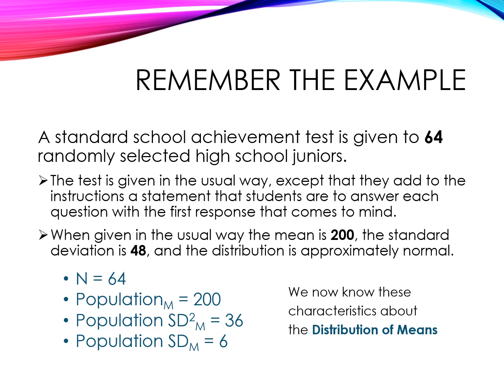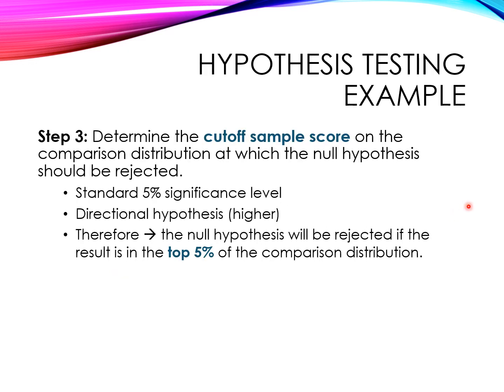We're going to move on to step 3. Step 3, determine the cutoff sample score on the comparison distribution at which the null hypothesis should be rejected. So we're going to use the standard 5% significance level. This is a directional hypothesis, so we're going to be looking at the top 5% of the comparison distribution, okay? If we have a curve like this, we're going to be looking in this area.